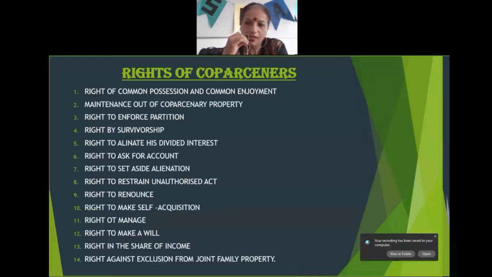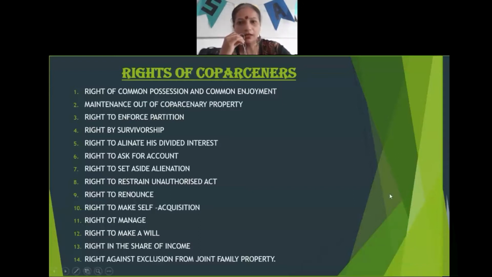In our last lecture, we saw that a right available to a coparcener in a joint family is the right of common possession and common enjoyment. We used one sentence which says that no one has a particular share in the property.